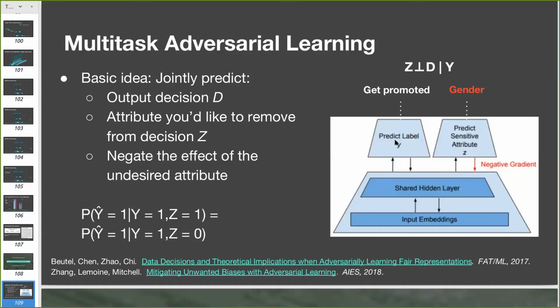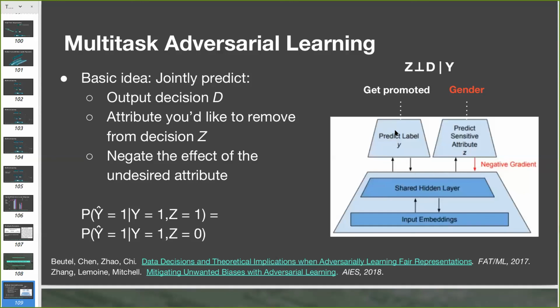So here what we're doing is, if the task of the model is to predict whether to promote a person or not, we should somehow remove gender being a criteria for it. Gender should never be a metric or a feature to decide whether to promote the person or not. So what we have here is a regular thing where we have the input embeddings, and one part of this model predicts whether to promote the person or not.